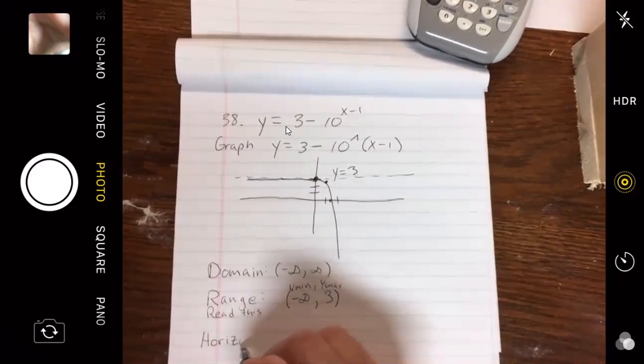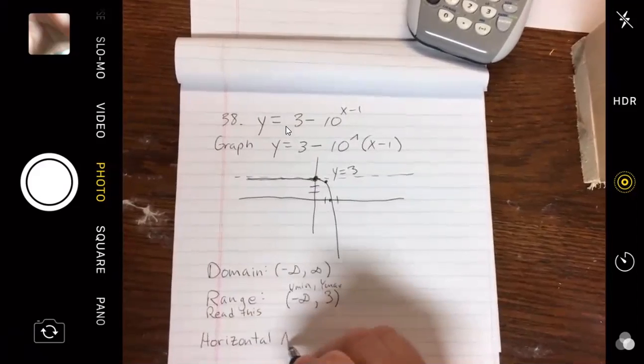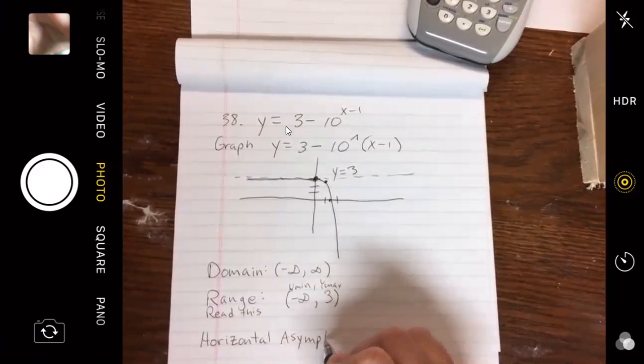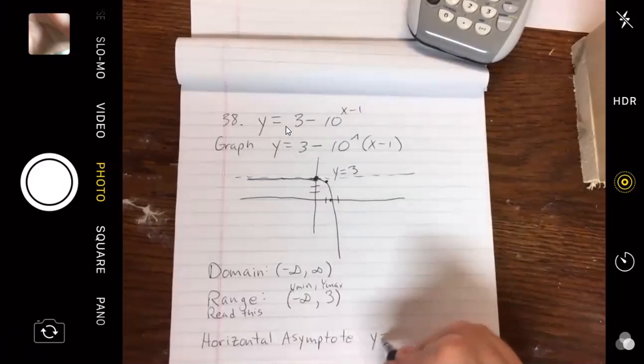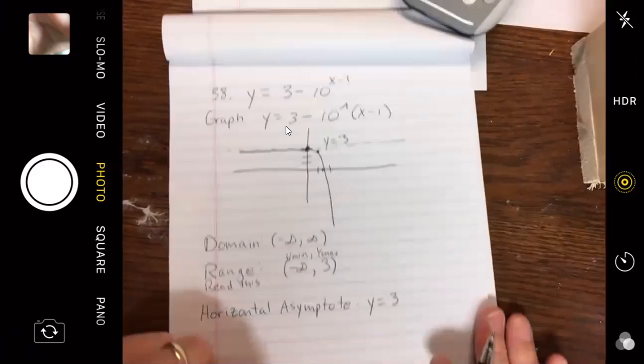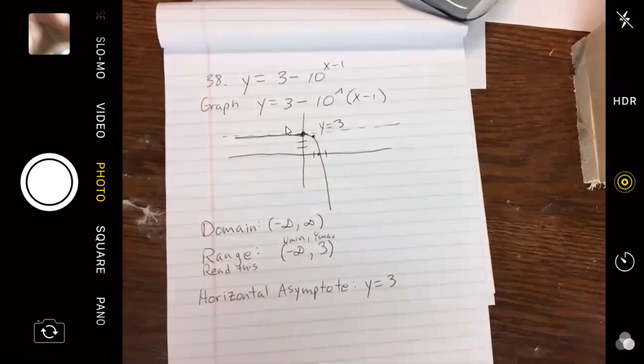Your horizontal asymptote, already labeled it up here, is y equal 3. So a bit more of a puzzle on that one.